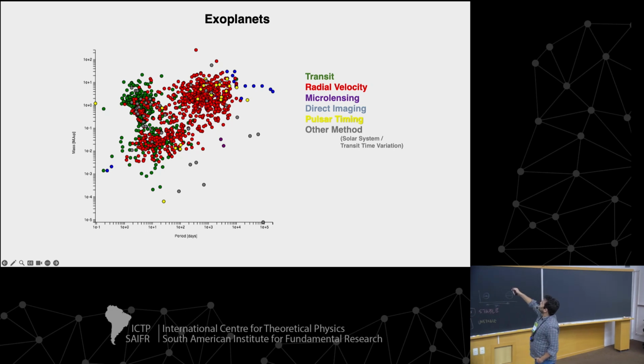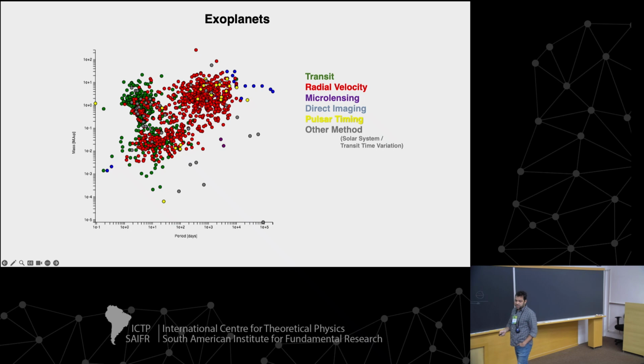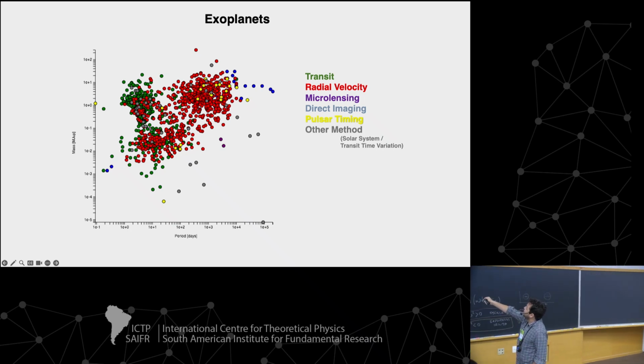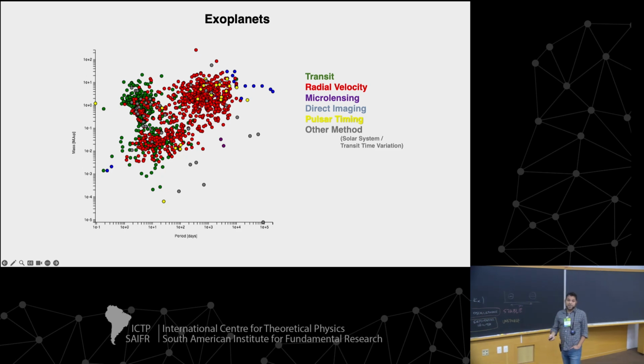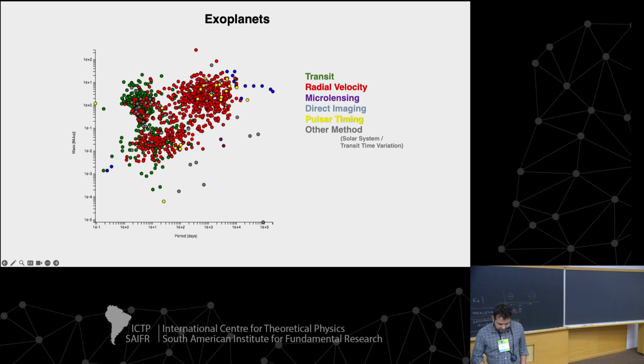What I'm interested in here are the massive planets that are further out. So there is this region of the diagram that is populated by the planets discovered by direct imaging. These are planets that can be seen. And as you see, they are on the massive side and on the further outside, which makes sense, because these are the easiest ones to detect.